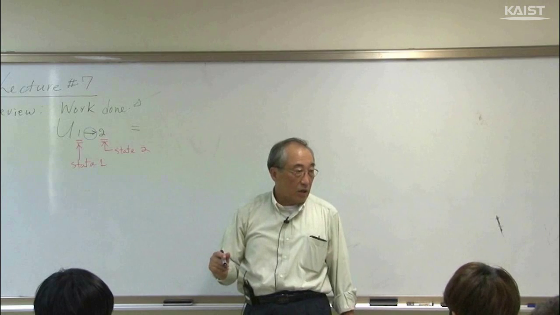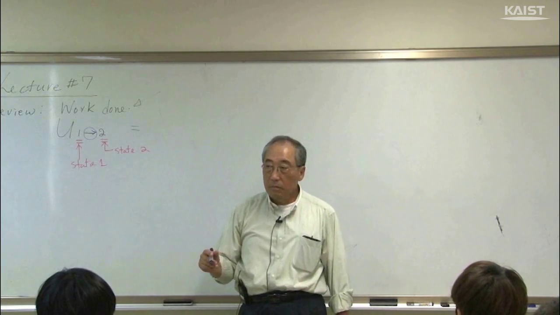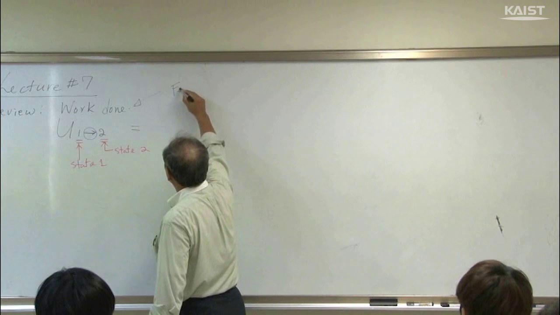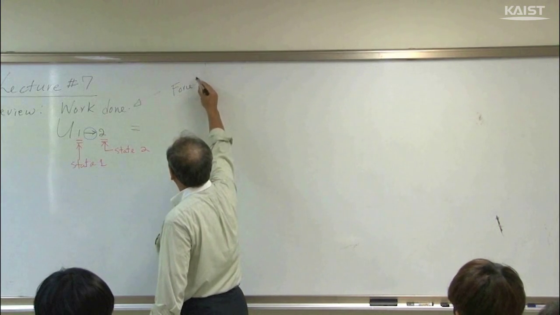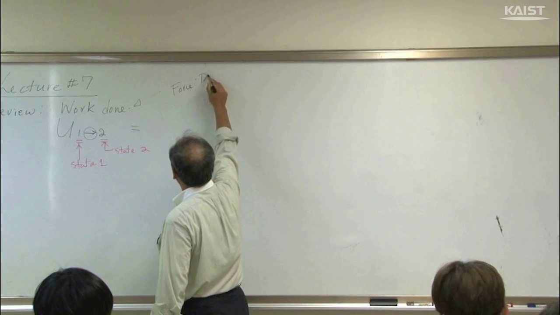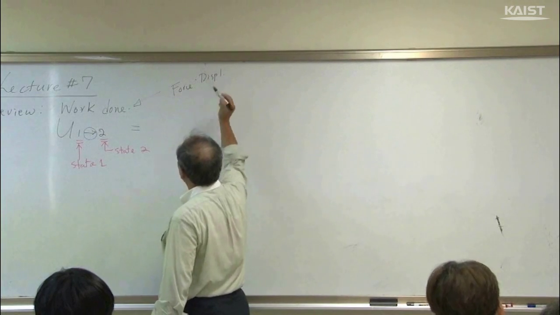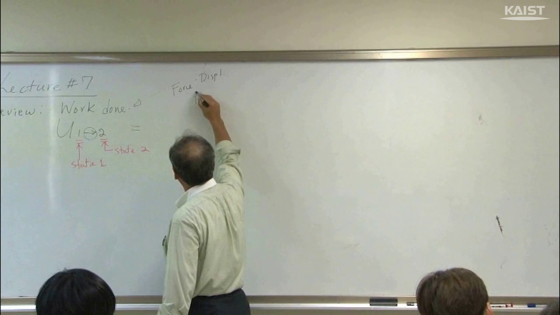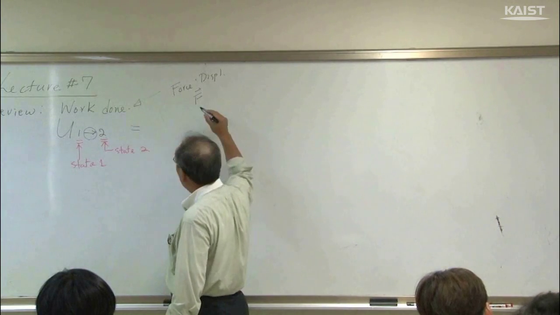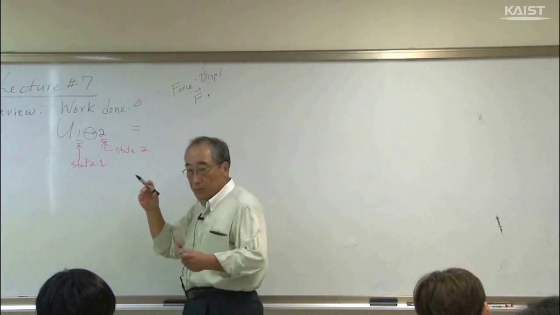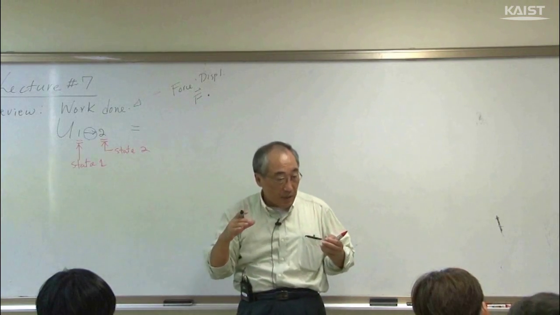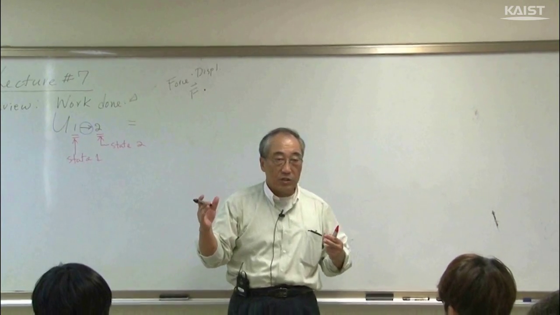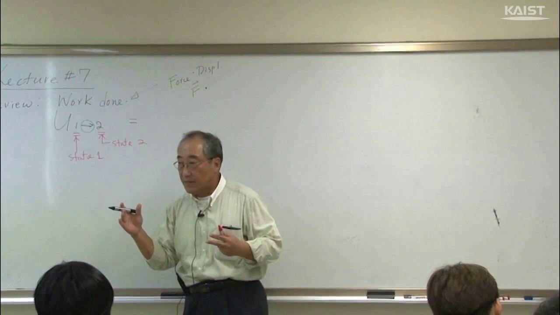Definition of work done. Okay, force times displacement. In vector notation, we could write that as force times the displacement that has been induced by the force during a certain period of time.